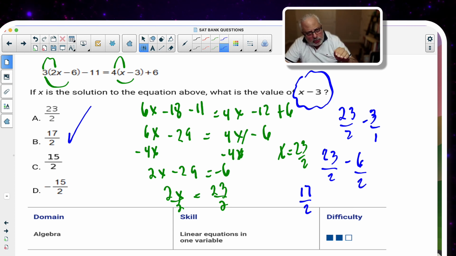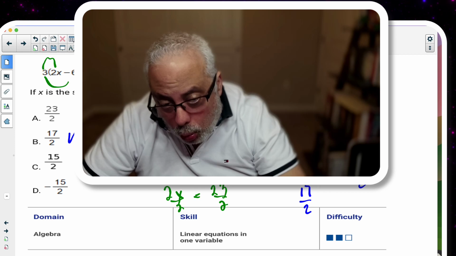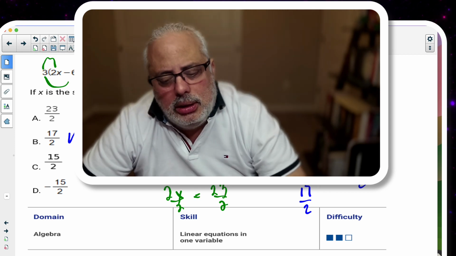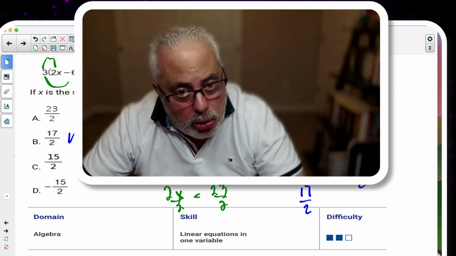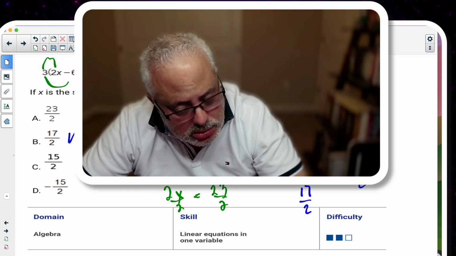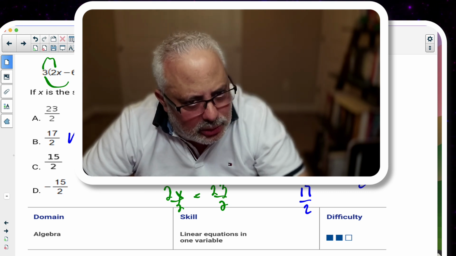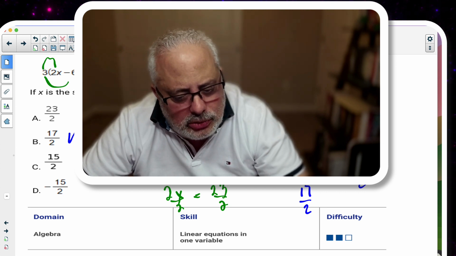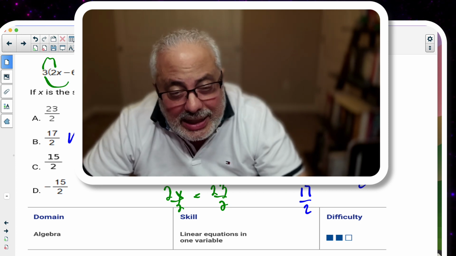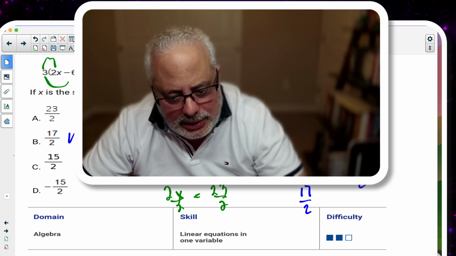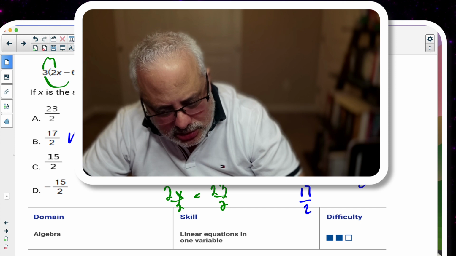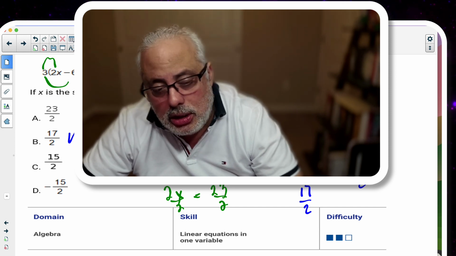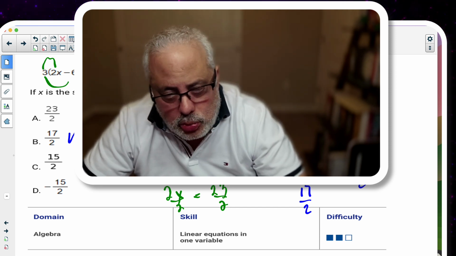One more grade of difficulty, because it's longer, it required that you solve a more complicated equation, more room to make mistakes, but it's not difficult. Some misleading situations, like when we finish finding the x, 23 over 2, we notice that one of the choices is 23 over 2.